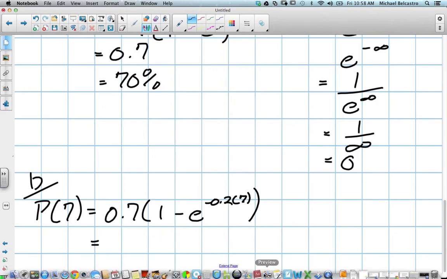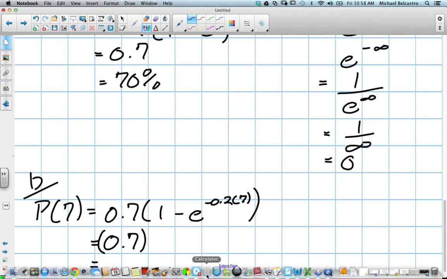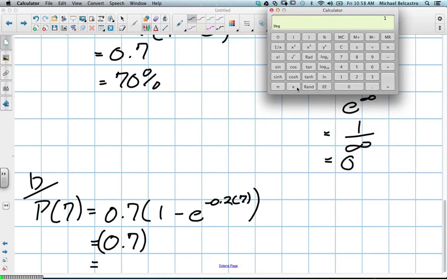I don't know if my calculator can do this. Can someone do the bracket for us here? Or at least the whole thing altogether? When we plug it in, I'll try it on the calculator here. E to the power of, that becomes negative 1.4.